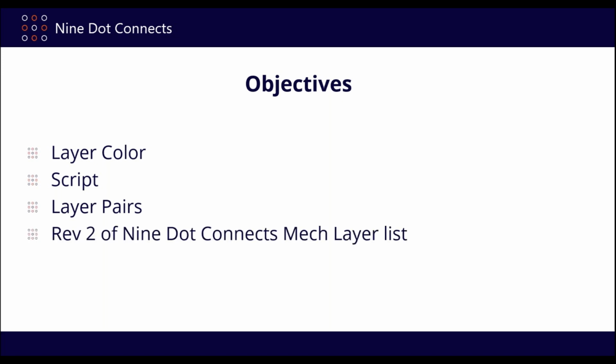I'm also going to talk, well, and before I go into the next new feature that Altium's brought in, I'm going to talk about what I call the Rev 2 of 9.connects mechanical layer list. So when we first did this webinar about 2 years ago, the primary reason we did it was to introduce a mechanical layer list and to explain why we did what we had done. We've revised it, and I'll explain what we've revised.